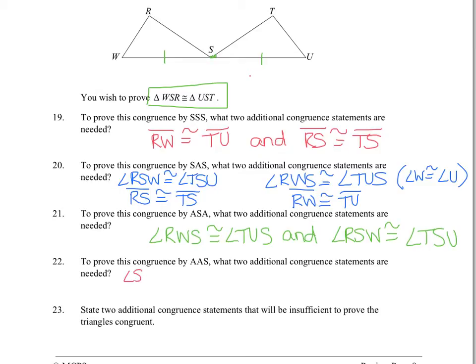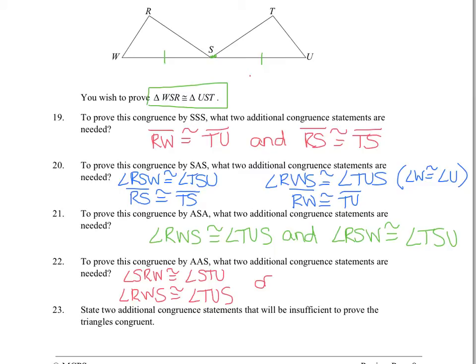One is angle SRW is congruent to angle STU, and angle RWS is congruent to angle TUS. So this one says SRW, if you want to call it angle R, that's fine. And that's congruent to angle STU, or angle T. And RWS, or angle W, is congruent to TUS, or angle U.